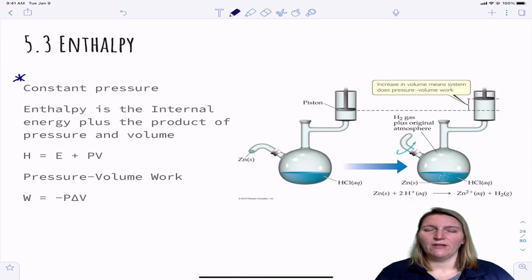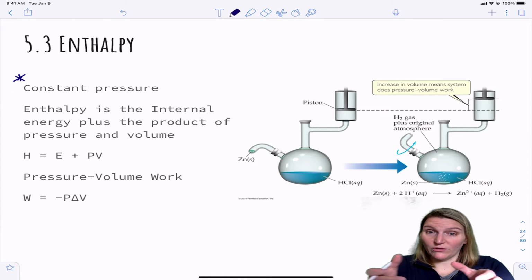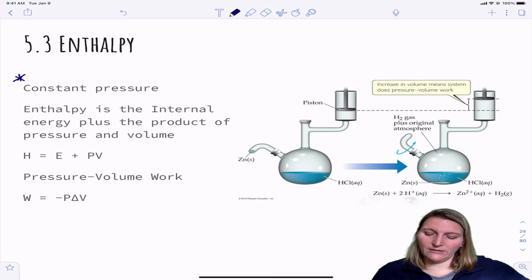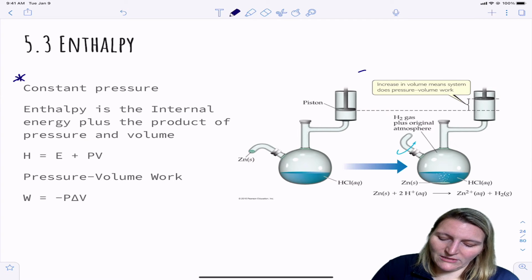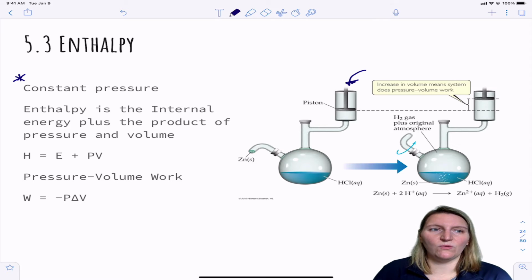So this is talking about mixing two chemicals out in the open, or a system like this over to the right where, because this piston is able to move, the pressure in the system will stay the same. The volume will change, but the pressure will stay the same.